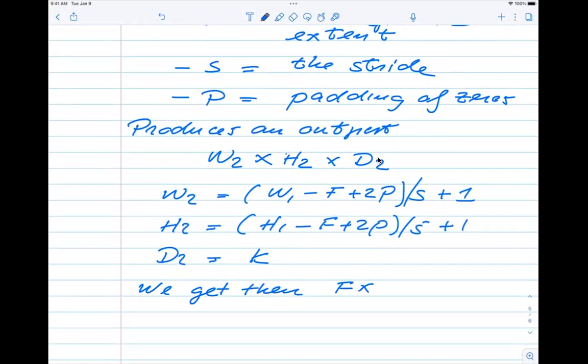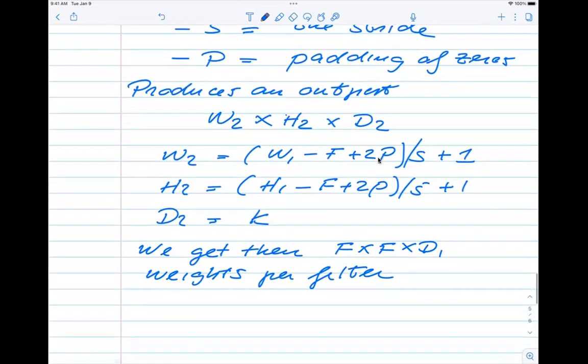So what you get then is F times F times D1 weights per filter and K, so this is the number of filters which we are setting up, and K biases. So this is the number of parameters which need to be tuned in a convolutional neural network for the convolution stage.